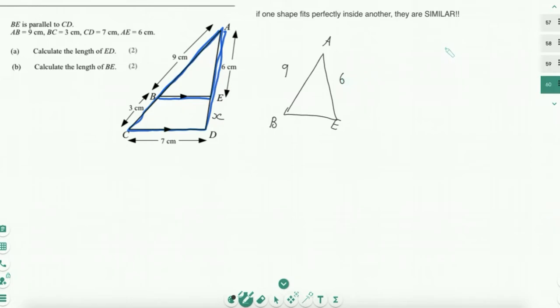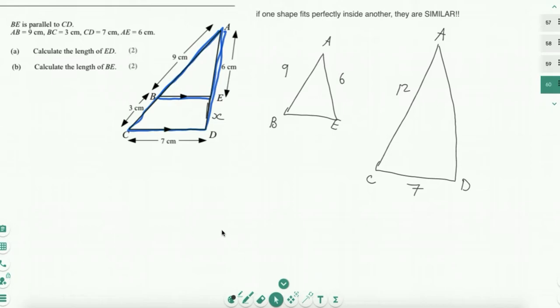And then let's draw the big triangle ACD. C to D is 7. A to C is 9 plus 3, which is 12. And that's it. And we have to find the length of E to D.